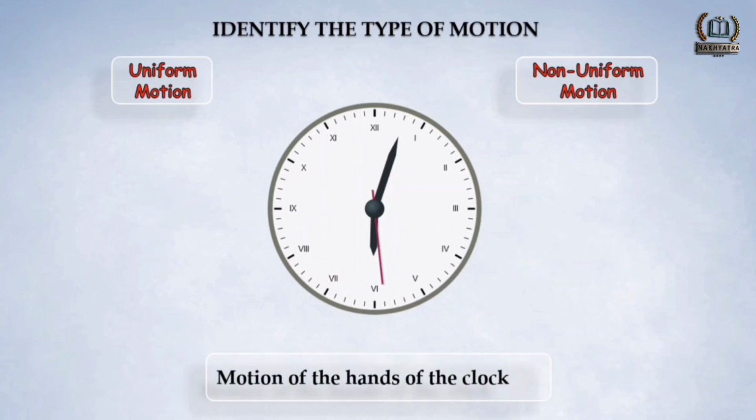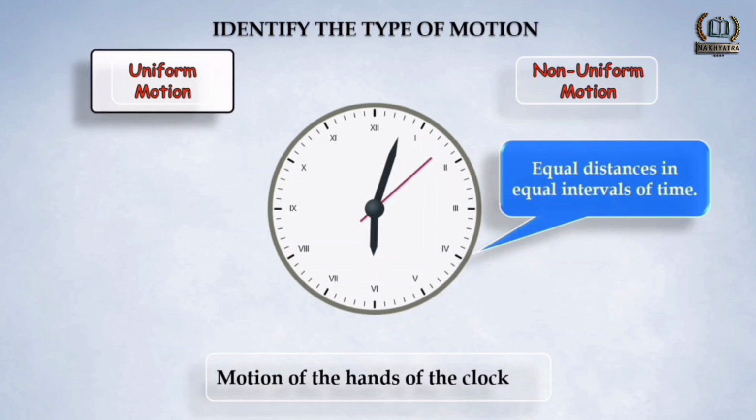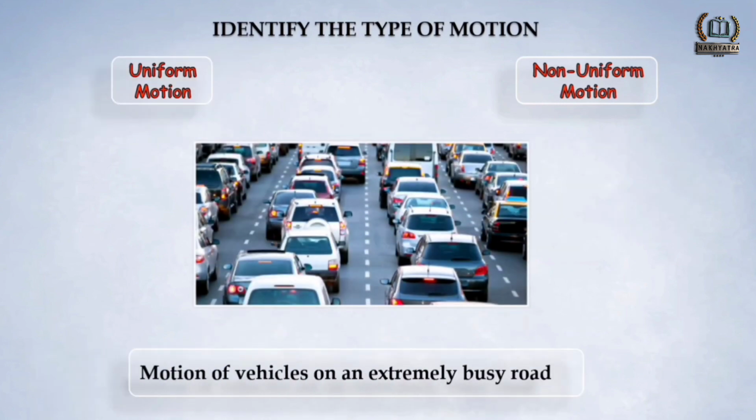Next is the motion of the hands of the clock. As I already gave you this example before, it is in uniform motion because it covers equal distances in equal intervals of time, right? Okay, see this, the motion of vehicles on an extremely busy road.